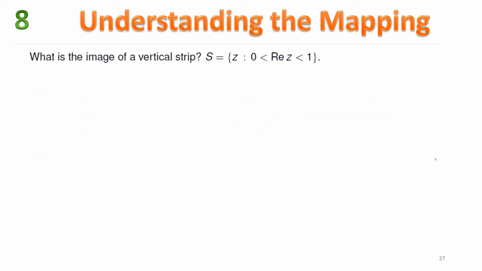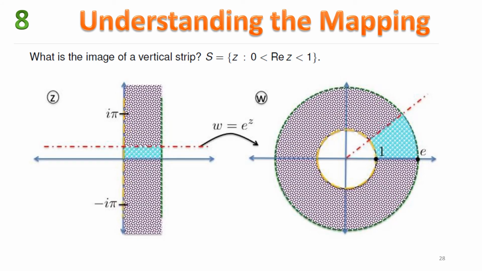Now to further understand the mapping, we shall try to map the vertical strip from the z plane to the w plane. Here we are having a strip, and that vertical strip we are considering where y has values from minus infinity to plus infinity, and this strip is of unit width. You can call this x equal to 0, and this is x equal to 1.